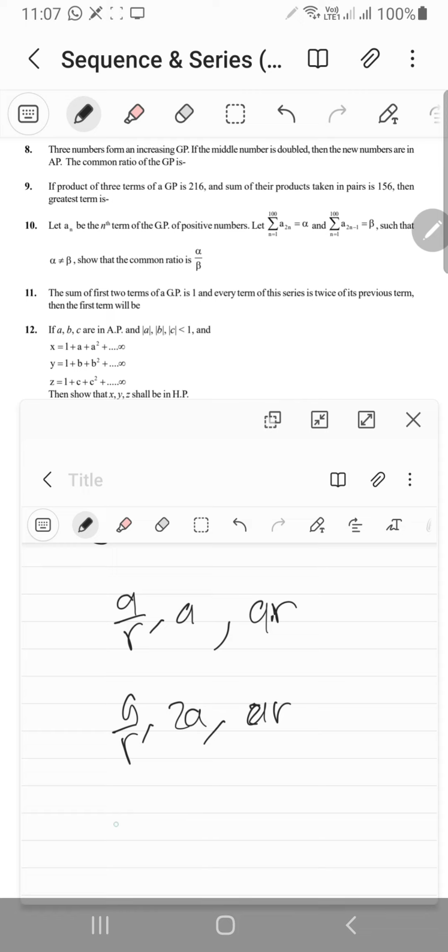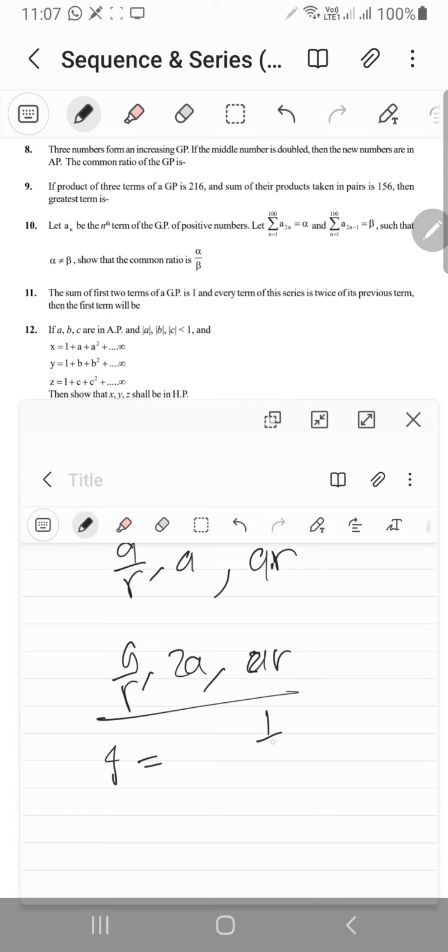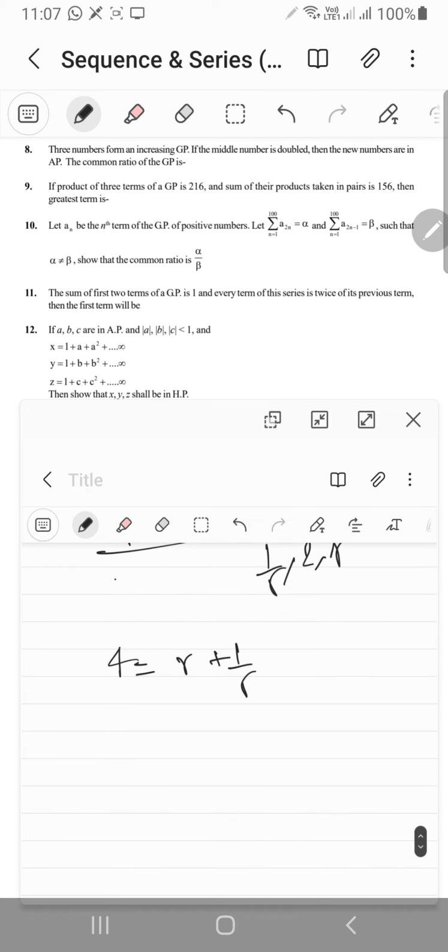What that means is 4 equal to, because of course these being in AP just means that 1 upon R, 2 and R in AP as well, right? And that means 4 is R plus 1 upon R. So R squared minus 4R plus 1 equal to 0.